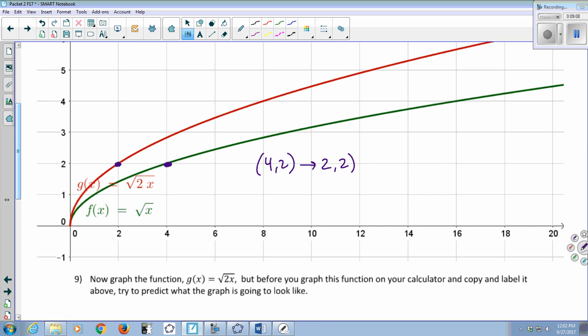All right, let's look at another 2 points on f and g with the same y value, a y value of 3. Here on the green graph, and then here on my red graph, y value of 3.